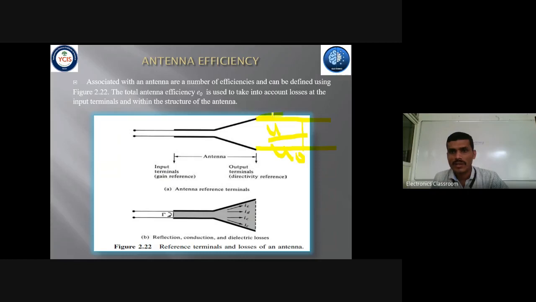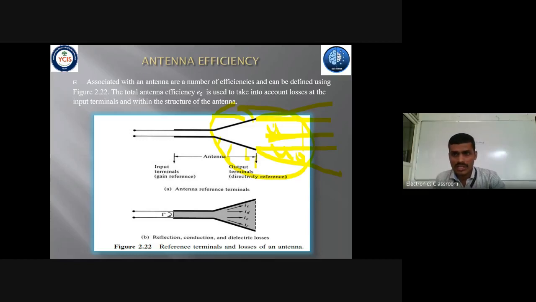This may be your radiation intensity in front of the antenna, but this antenna is radiating some energy in all directions. Now, this energy divided by this total energy, that is, radiation intensity divided by isotropic intensity.